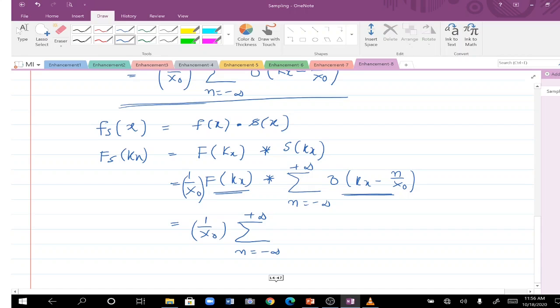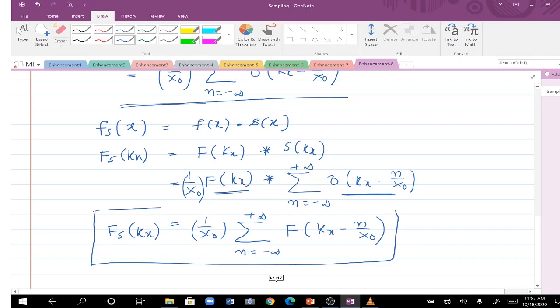This I could take inside, and then convolution with a delayed impulse would delay my signal by the same value. This would be the expression for the Fourier transform of fs of x.